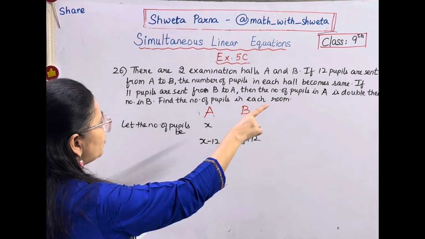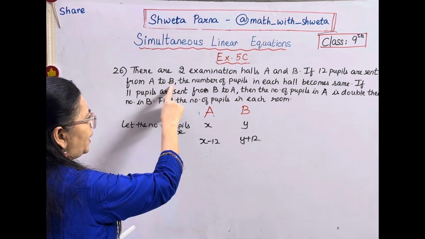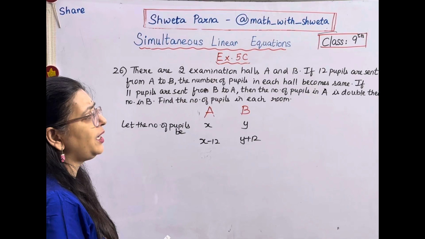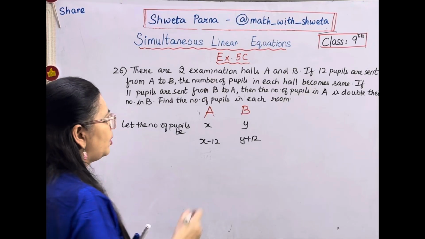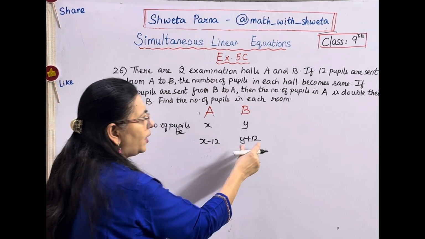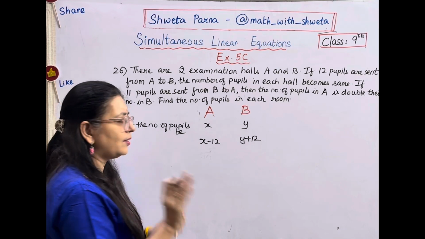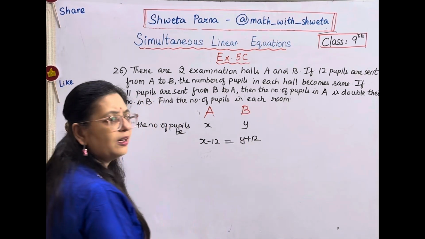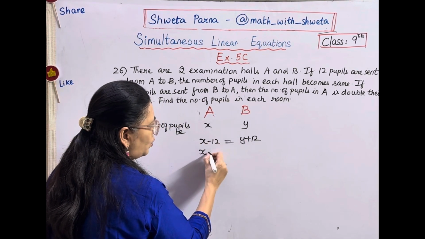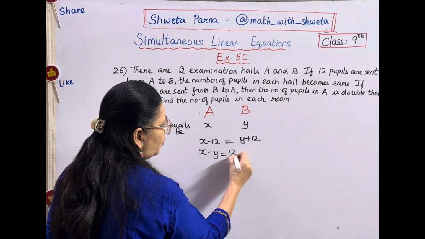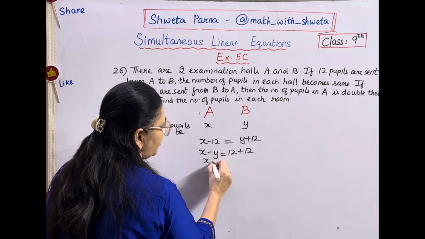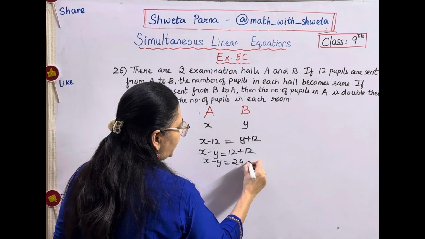If 12 pupils are sent from A to B, the number of pupils in each hall becomes the same. So in this hall and in that hall the number of students are the same, so that means they are equal. So the first equation would be X minus Y is equal to 12 plus 12. X minus Y is equal to 24.